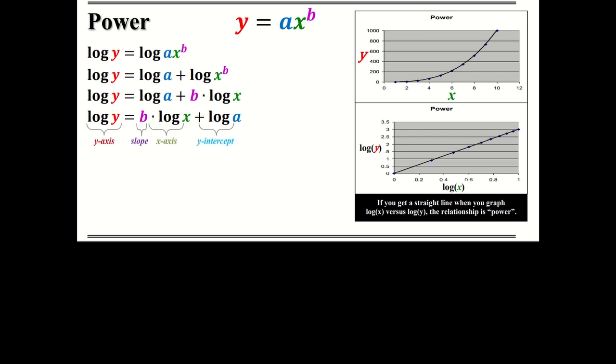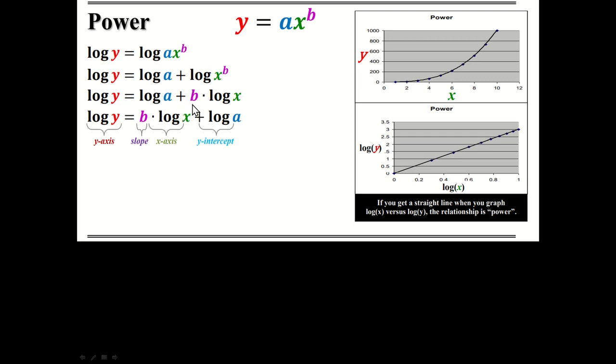The beautiful thing about that is that if we graph this on the x-axis, not x, but the log of x, and on the y-axis we don't graph y, we take the log of each y and graph that on the y-axis. What we're graphing on the x-axis has a number being multiplied to it. That will be our slope.